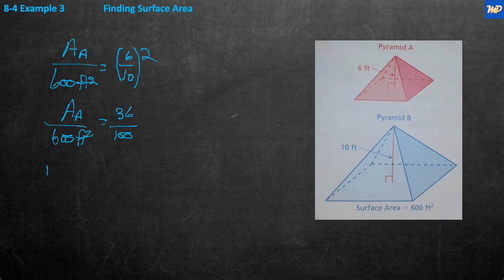So we have the area of A is equal to 36 divided by 100 times 600, because you have to multiply both sides by 600. That cleared the 600 in the denominator. And now, if I divide 100 into 600, I get 6. 6 times 36 ends up being 216.